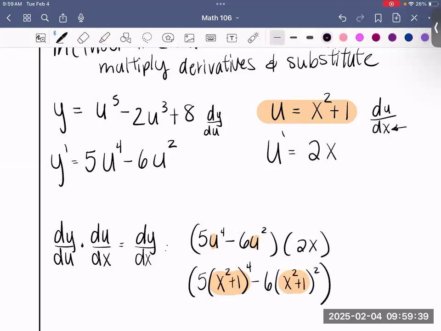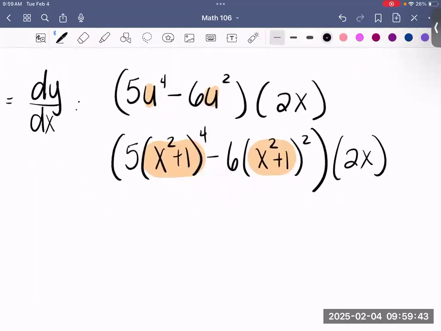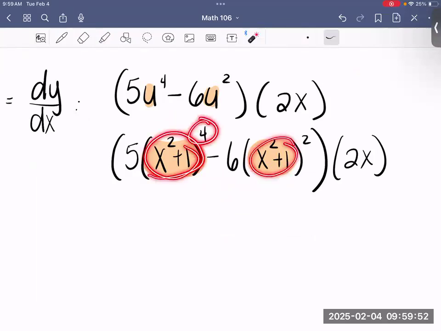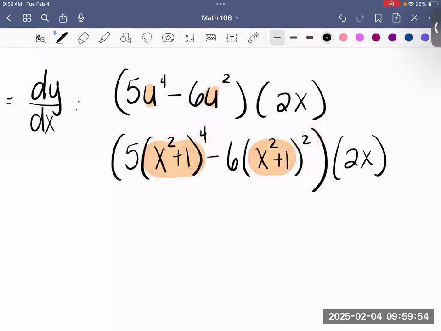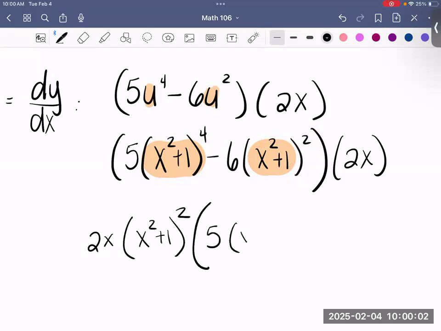And last thing to do is to look inside your parentheses and see if there's anything that you can pull out. Is there anything that has a similarity? Well, that would be this x squared plus 1. There's 4 here and there's 2 here, meaning that we're going to take out an x squared plus 1. We're going to take out 2 of them, leaving behind 2 here and none here.